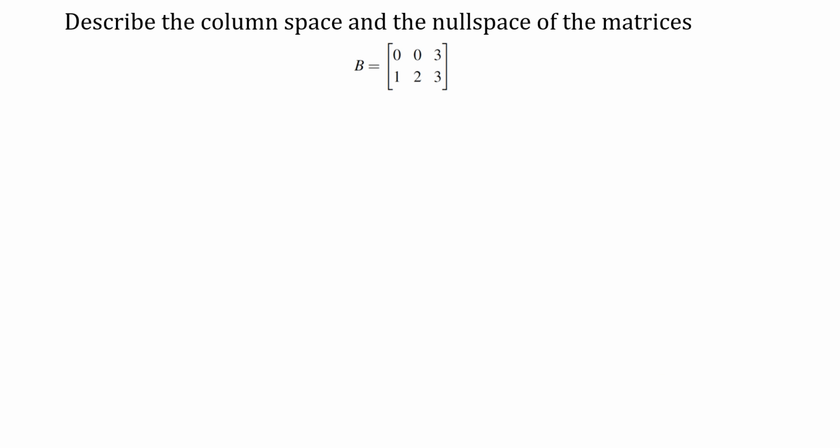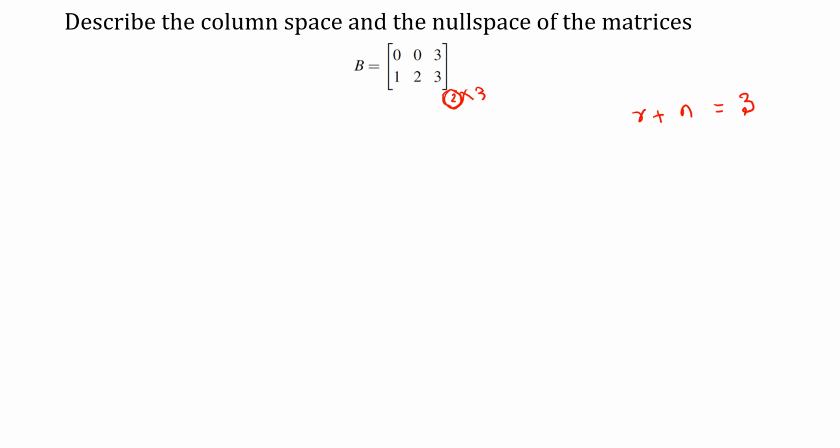Consider the next problem. It is a 2 cross 3 matrix. The rank of the matrix plus the nullity of the matrix should equal 3, the number of columns. The sum of these two gives the number of columns in a matrix. So the maximum rank of this matrix is 2.